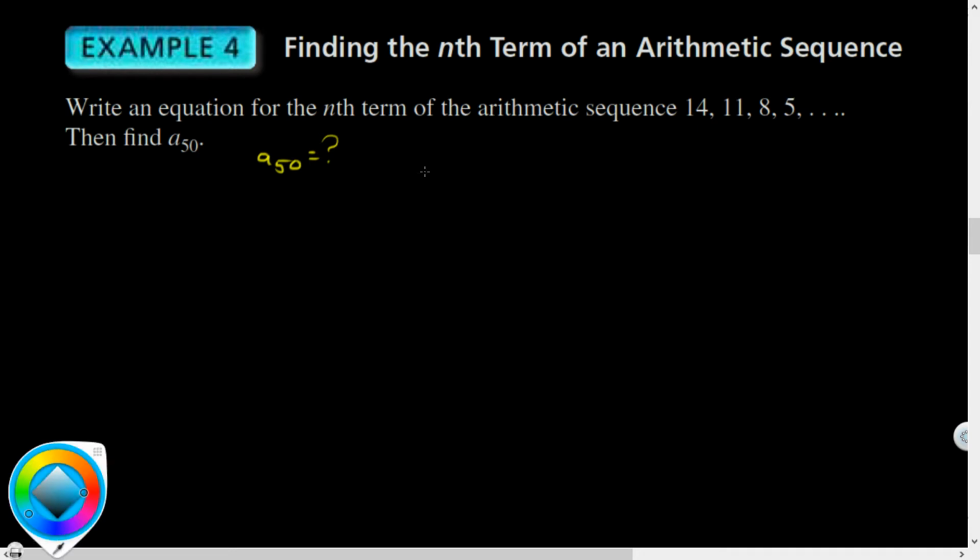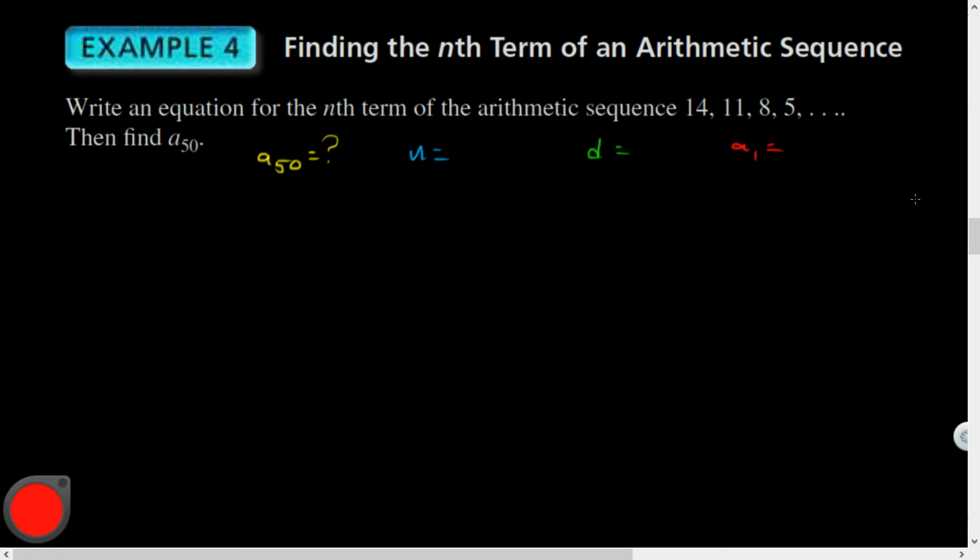I need to find the value of n, the value of d, and the starting value a sub 1. If I know 3 of those 4 things, I can find the remaining one.